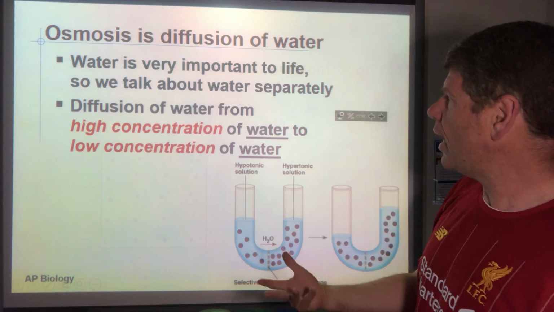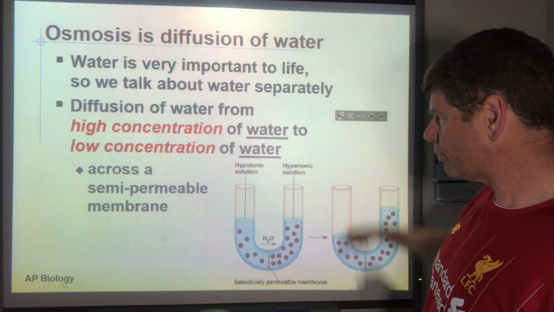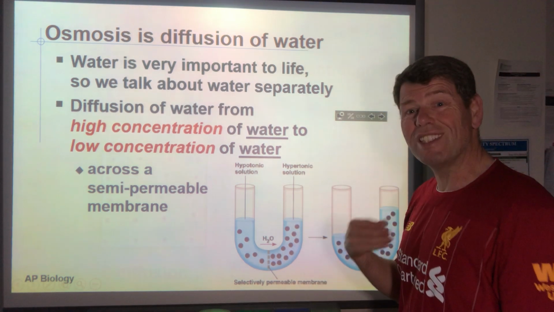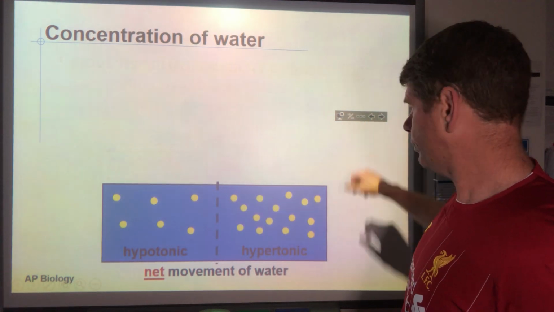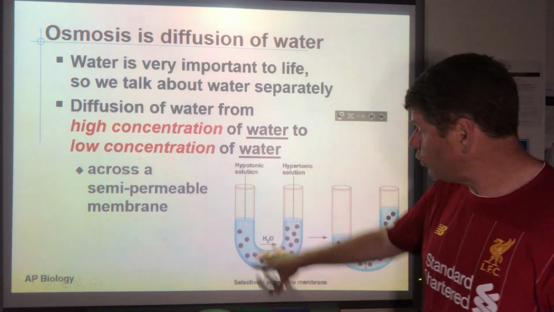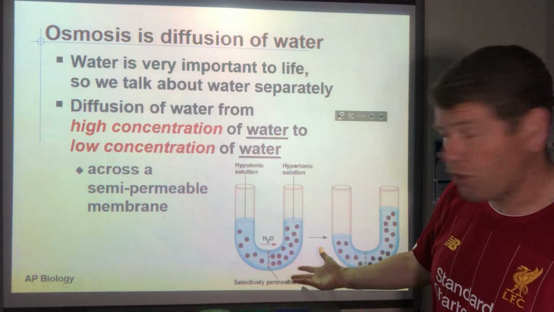Okay, so of course water is very important to life. And like we just said, water can diffuse from a high concentration to a low concentration across a semi-permeable membrane. So osmosis does require a membrane. I just wanted to look at this U-tube, for example. So in this U-tube, we have water, but then we also have some solutes.